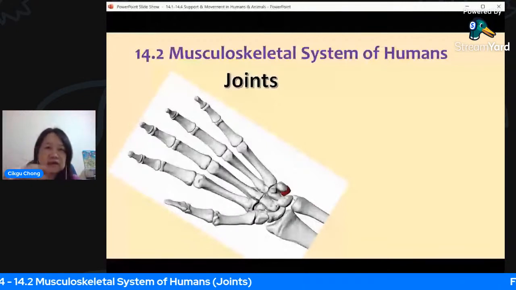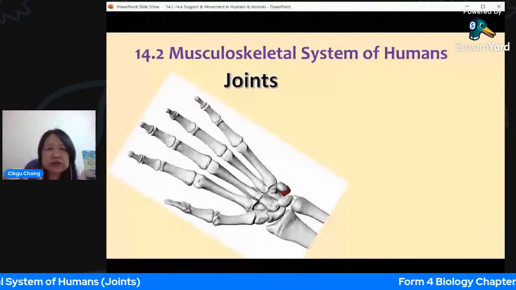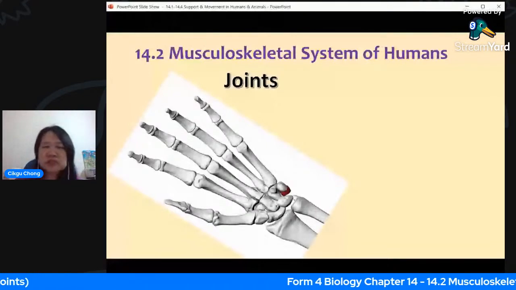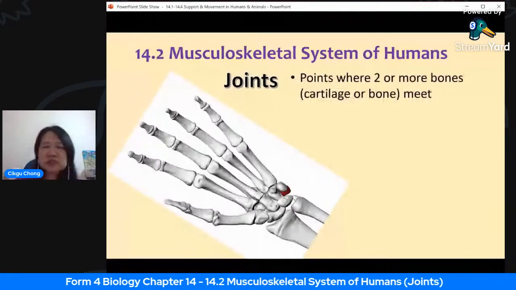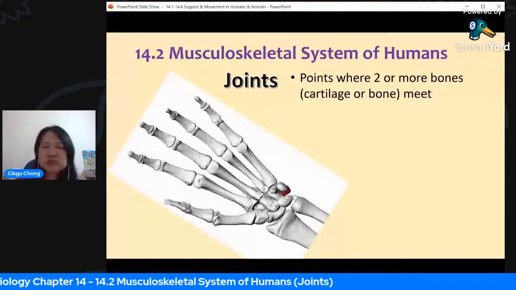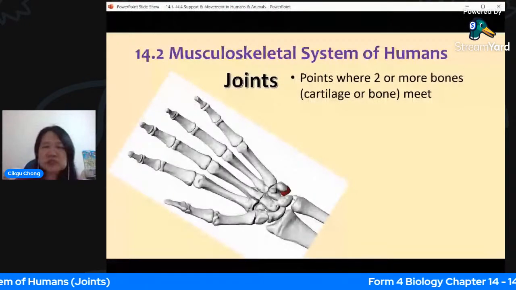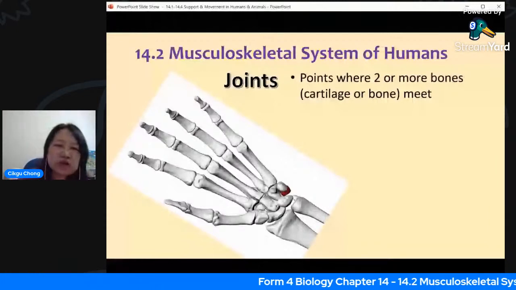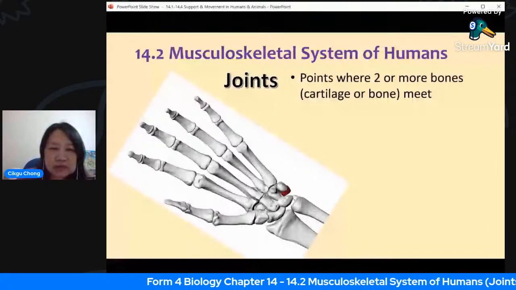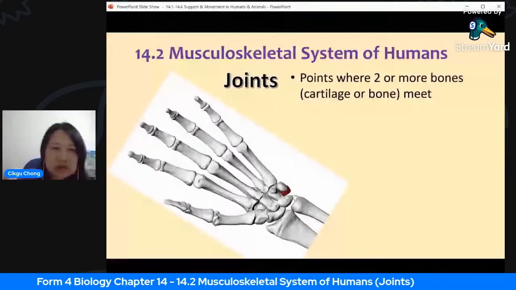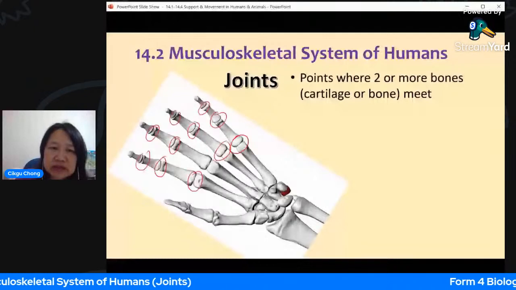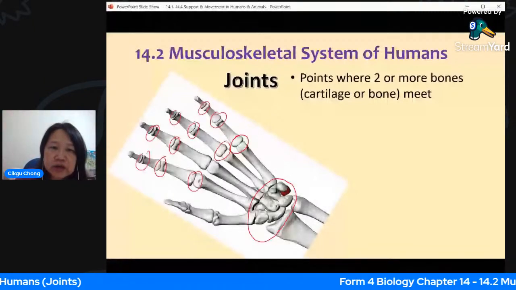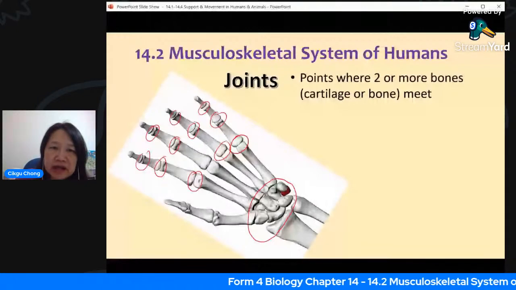Now you can see here, a joint is basically the meeting place where two or more bones meet. Sometimes it can be two, sometimes it can be more. What do I mean by this? Usually you will think that a joint has two bones. For example, you can see here, this is the meeting place between the bones. All these places that you see here are joints. At the wrist, you have one bone, and then you have other bones articulating here.